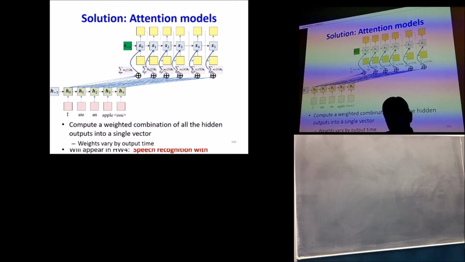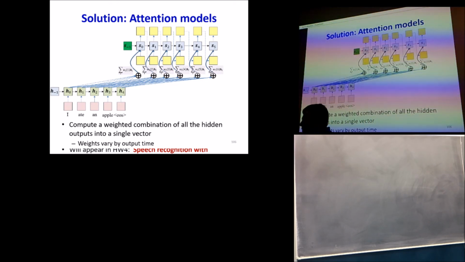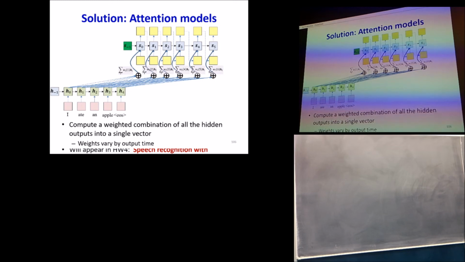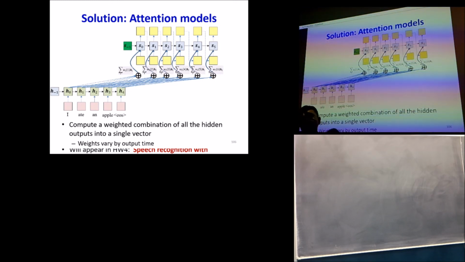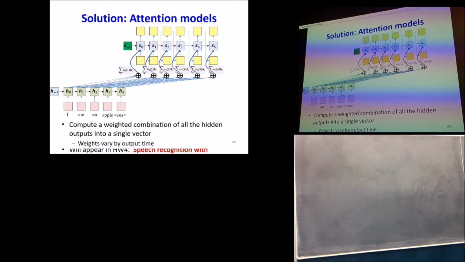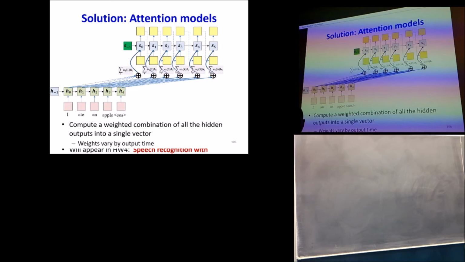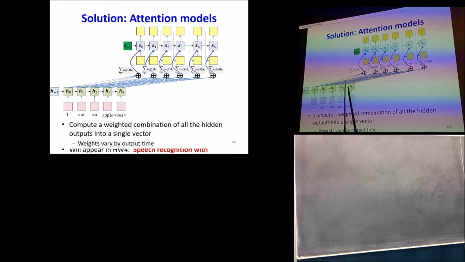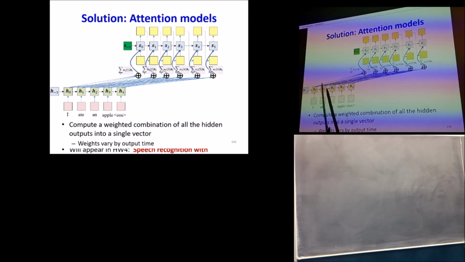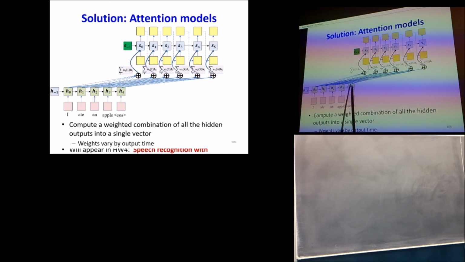Now, if the weights were fixed, then again, you're back to the original problem, that this weighted combination is one fixed vector that keeps being fed to the decoder at each time. To bypass that, we're going to do something slightly different. We're going to make these weights with which these hidden values are combined different from time instant to time instant.